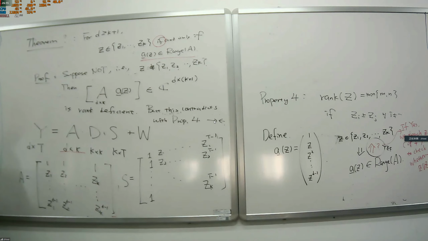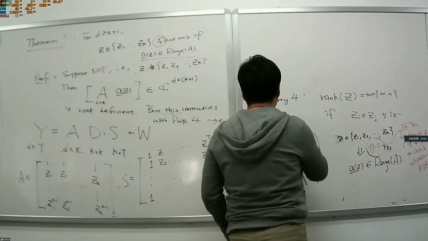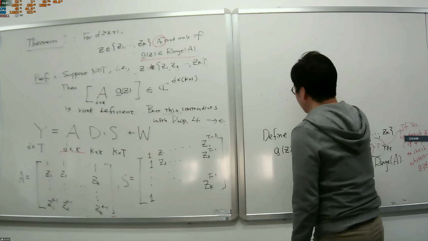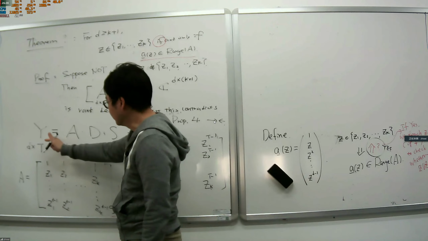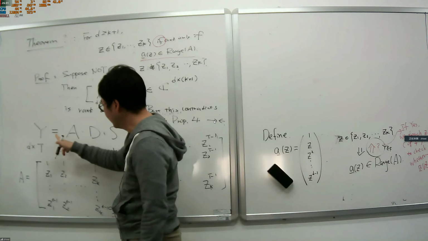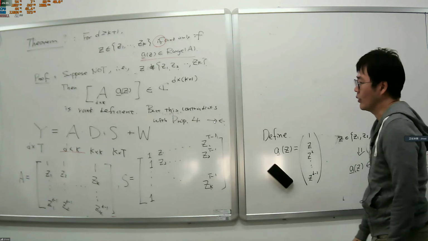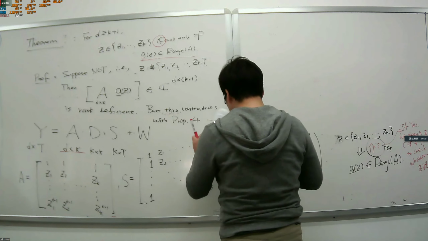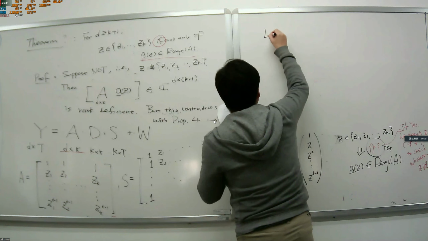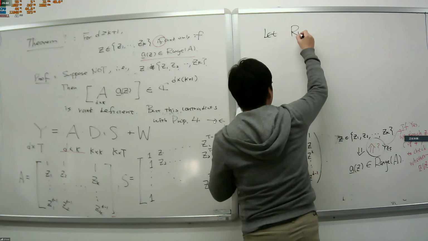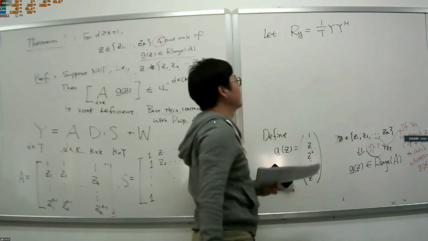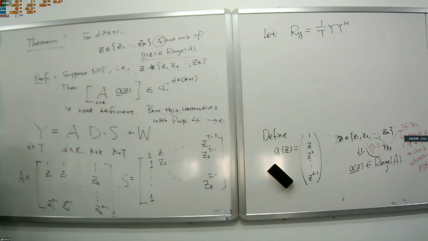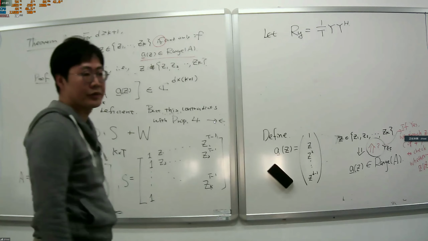We only have Y. So next we try to see how the range space of A connects with Y. Here we compute the correlation matrix, YY Hermitian divided by T. So this is computing the sample correlation matrix.